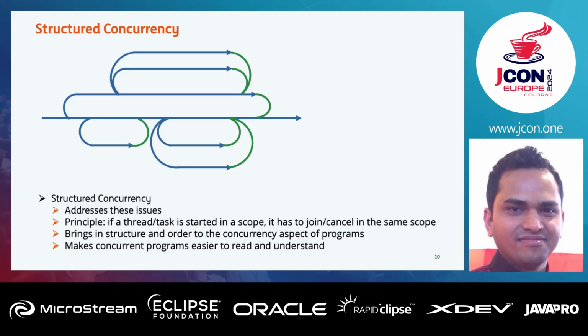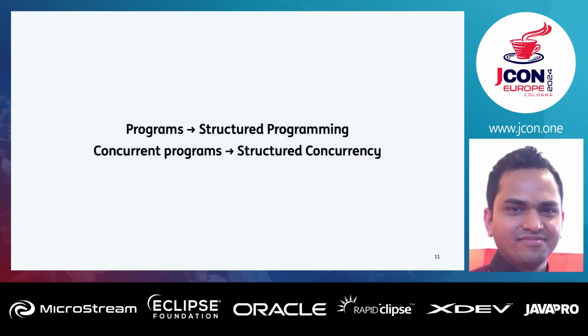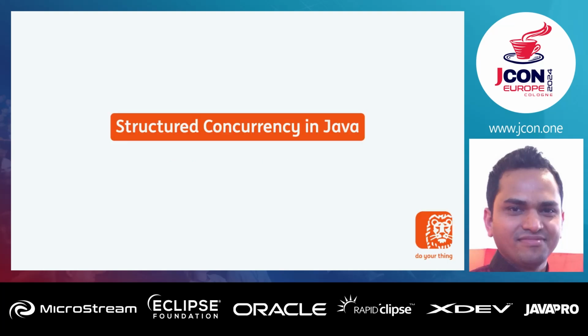And it brings in structure and order to the concurrency aspect of programs, and it makes concurrent programs easier to read and easier to understand. Basically, the readability benefit that structured programming brought to programs, it is the same benefit that structured concurrency promises to bring, but for concurrent programs. So that is the end of part one.